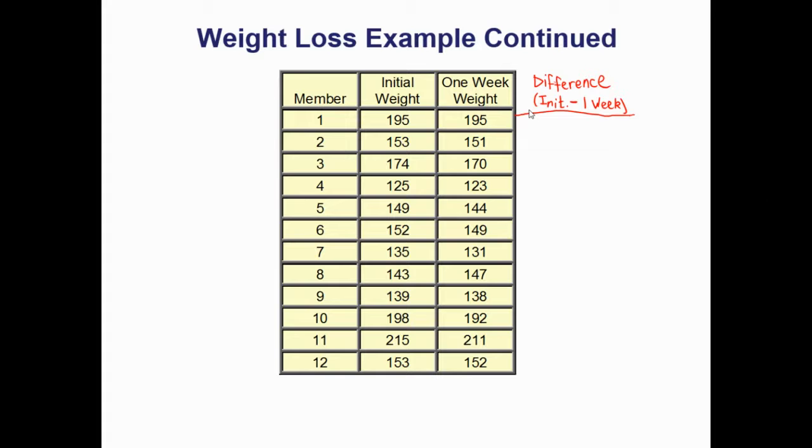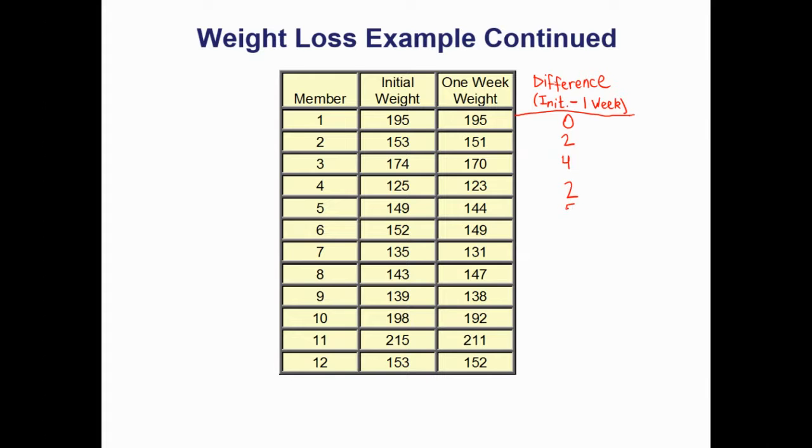Okay, so what is 195 minus 195? 0. So the first weight change is 0. 153 minus 151: 2. 174 minus 170: 4. What about the next one? 2.